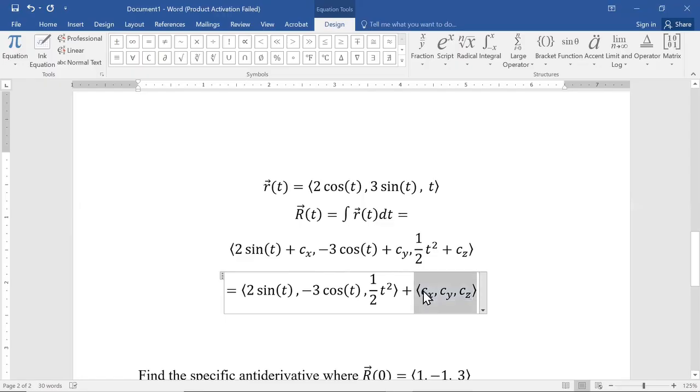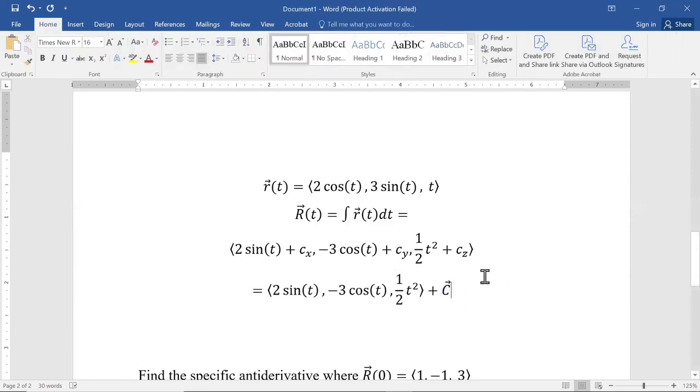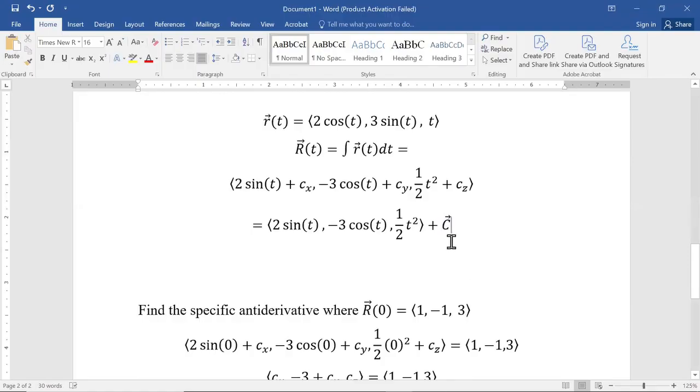Or another way to write a constant vector is to write a vector with capital C as the constant. So this is a constant vector. I don't care which one you write.